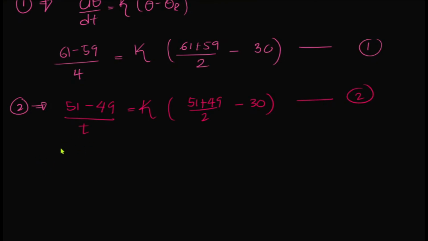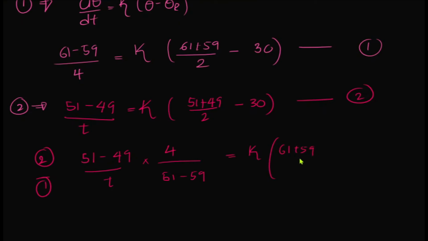To find the time, we divide the second equation by the first equation. You are going to get 51 minus 49 over T into 4 over 61 minus 59 is equal to K times 61 plus 59 over 2 minus 30.